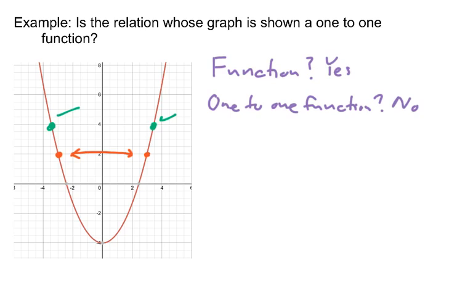Here's another example, way up here maybe. These 2 points that are side by side, same y value, those have the same second coordinate, not a one-to-one function. Even if there was only one example, that would be enough to make it not a one-to-one function.